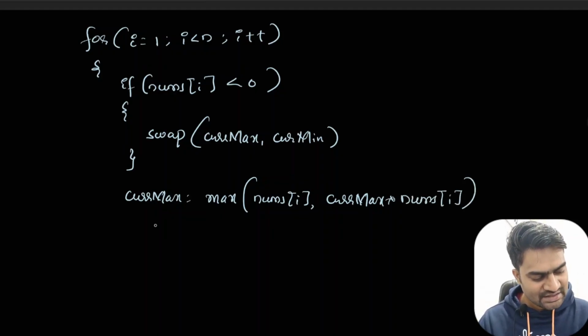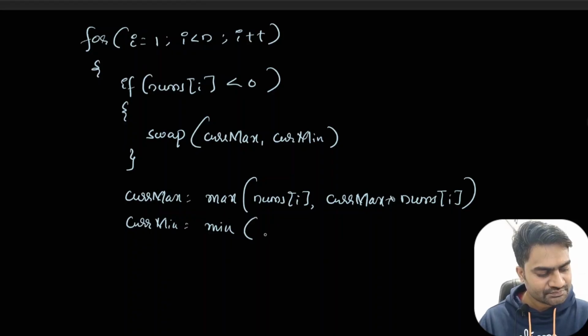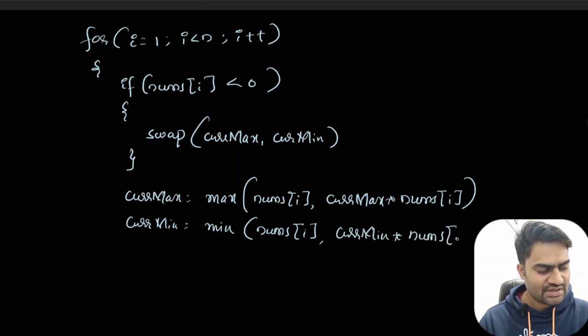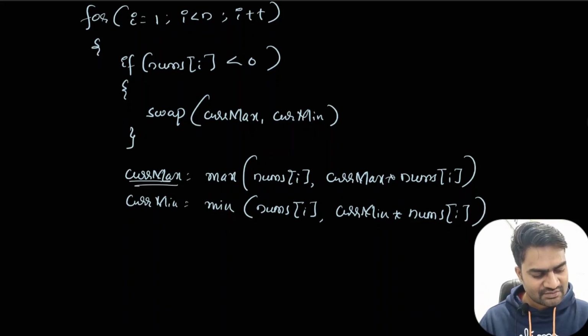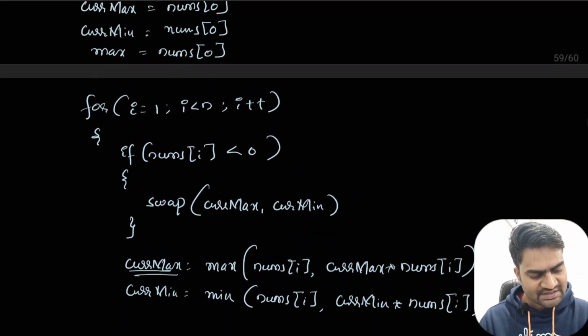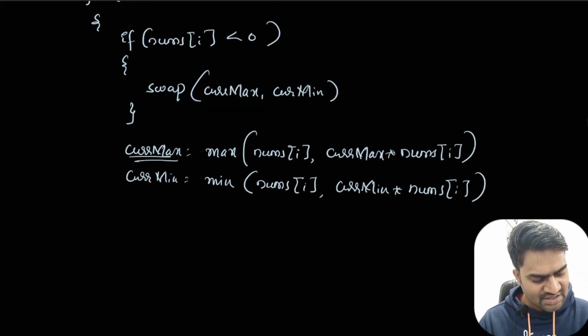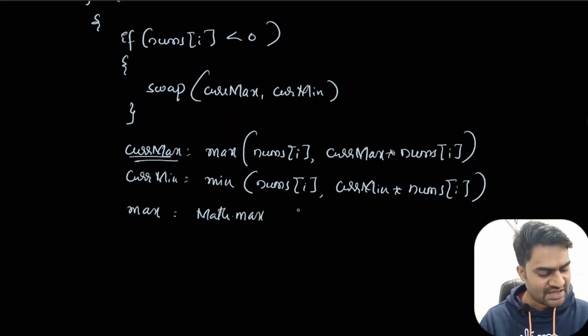Then current min equal to min of nums of i comma current min into nums of i. Finally, using this value, I will update my max value. So max will be max equal to math dot max, just so as not to be confused, I'm using proper math dot max here.